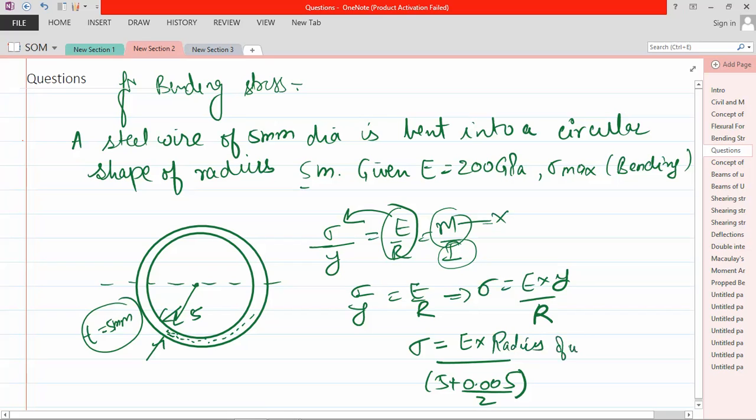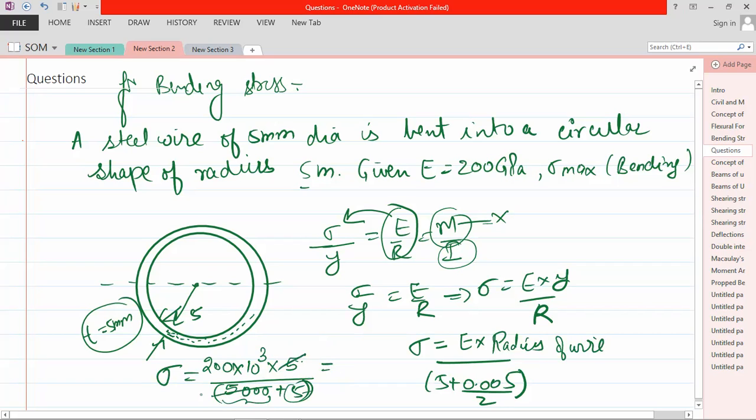So sigma is equal to E, it is given 200, so change into megapascal, 200 into 10 to the power 3. The radius of the wire is given 5 mm. The circle radius is 5 meter, let me write in mm, 5000 plus 5. You can see that in 5000 this 5 value is very small, so if you just remove it, it will not affect much.